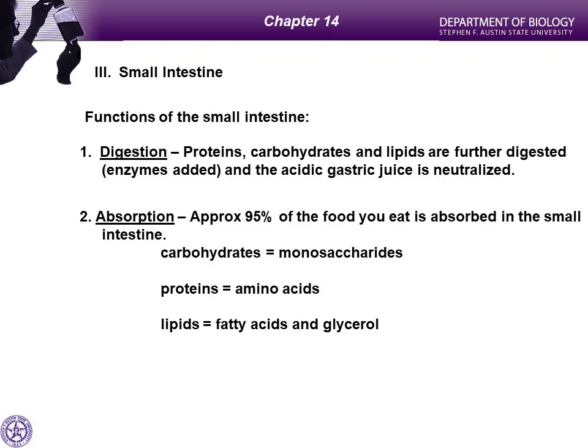And we neutralize the acid because we would not want the acid around that would denature the proteins from the pancreas that we need to be active to finish digesting the food. So that first part, that's where this chemical digestion, the neutralizing of the acid, is happening in the beginning of the small intestine, and the rest of the small intestine is going to absorb all of these monomeric organic molecules that we need for our body.